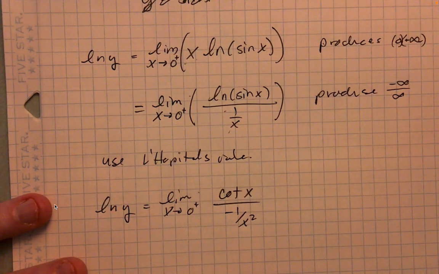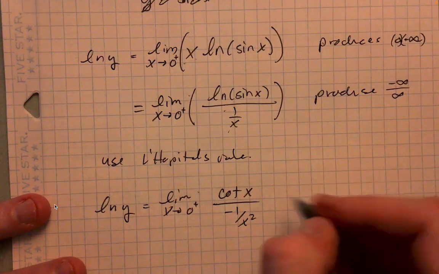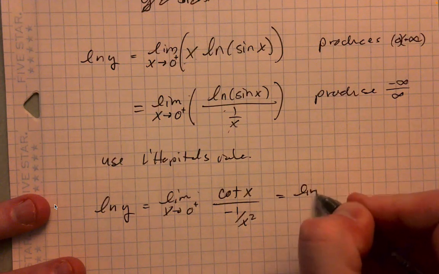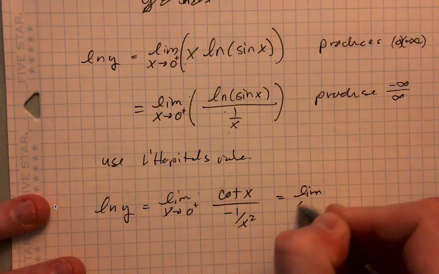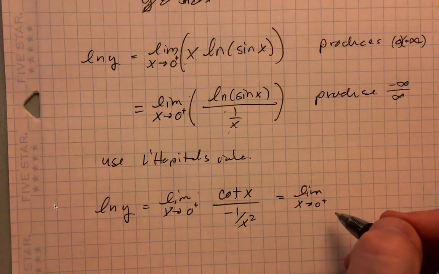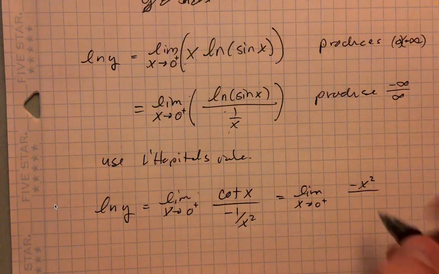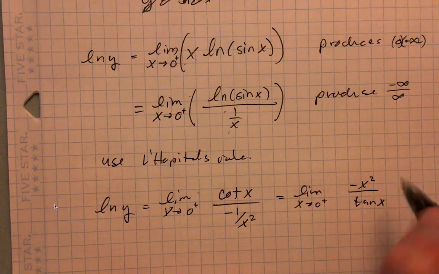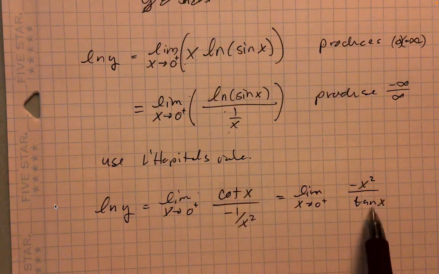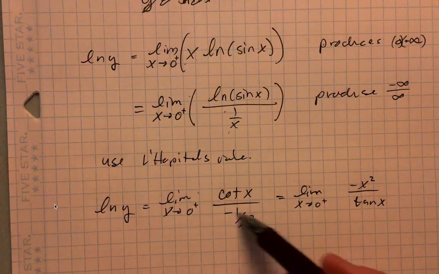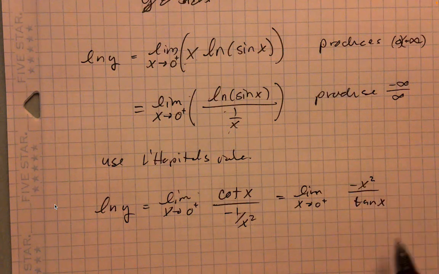And so we can clean this up a little bit. Limit as x approaches 0 from the right of negative x squared up top, and cotangent is the same as 1 over tangent, so we make this a tangent and bring the x squared to the top.